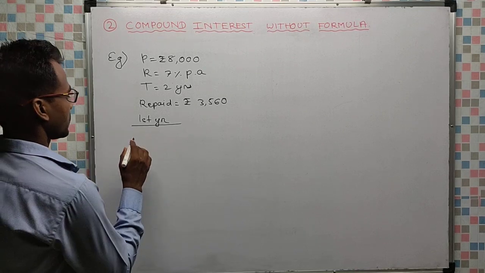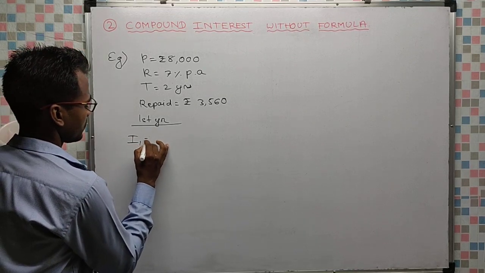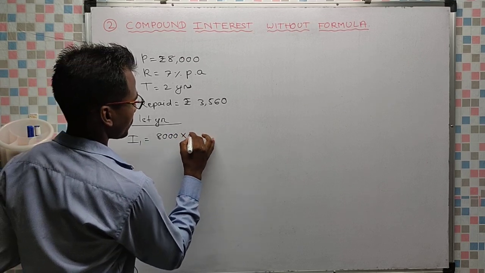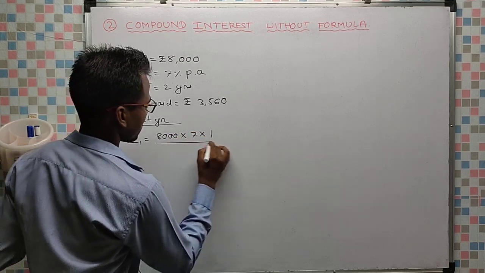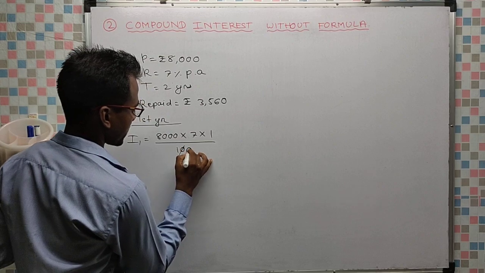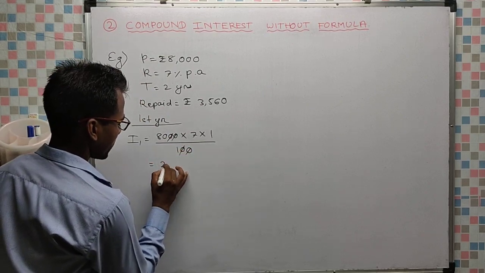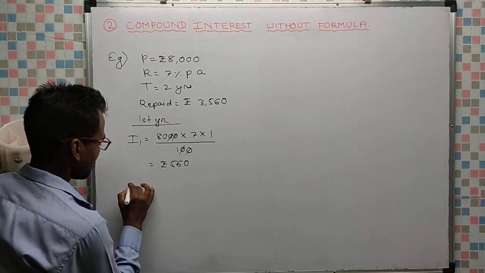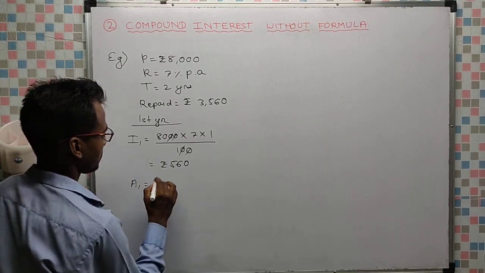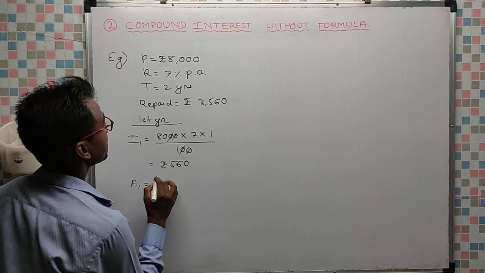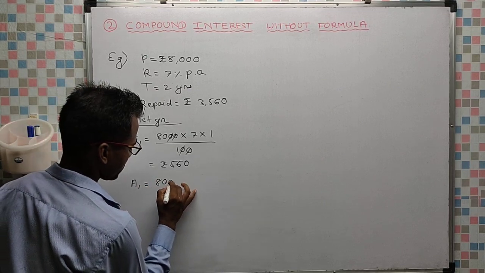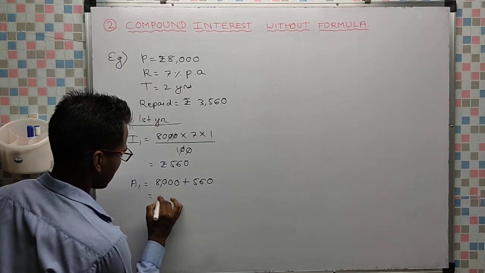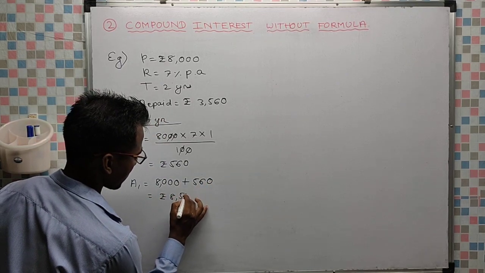So I1 is equal to principal into rate into time by 100, which is equal to rupees 560. So A1 is equal to principal plus interest, 8,000 plus 560, so rupees 8,560.